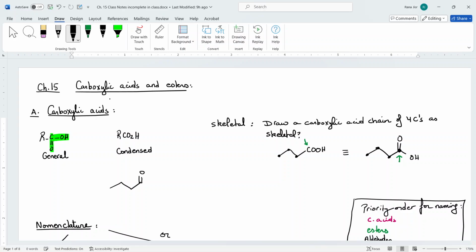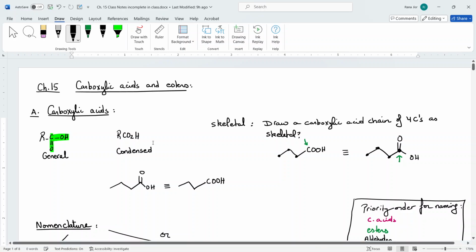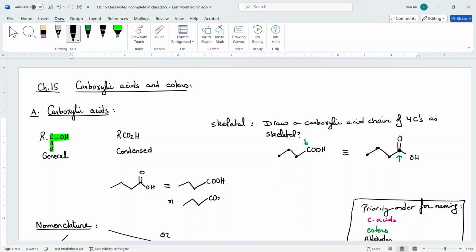So if I write the carboxylic acid like this, or if I go ahead and write it as a COOH, sometimes you're going to see it as a CO2H. All of those are the same, and they are the representation of the condensed chain of 3 carbons in there.